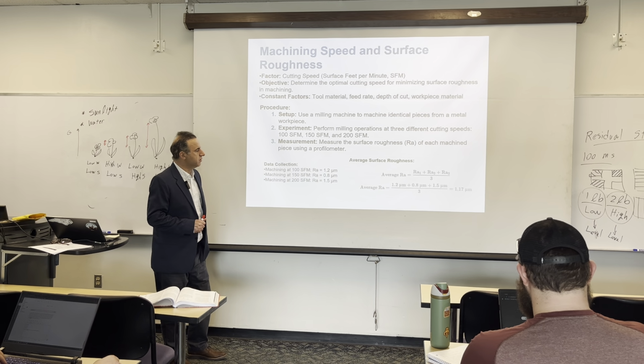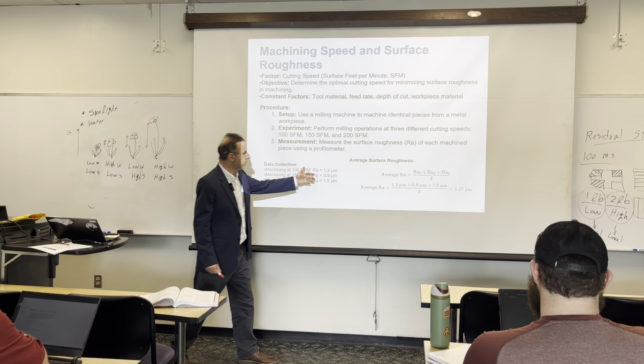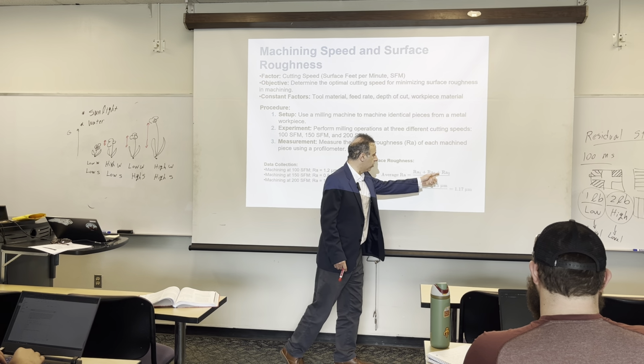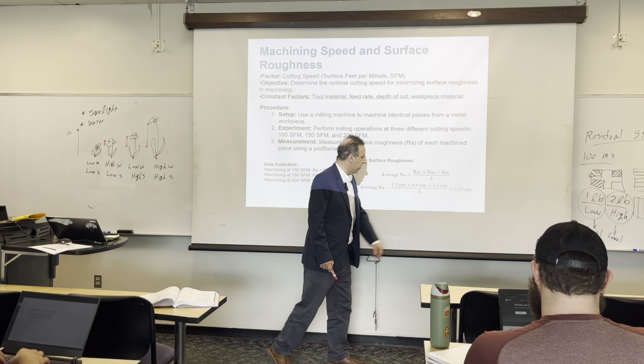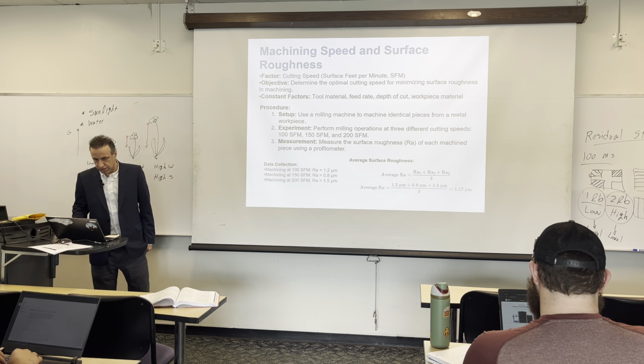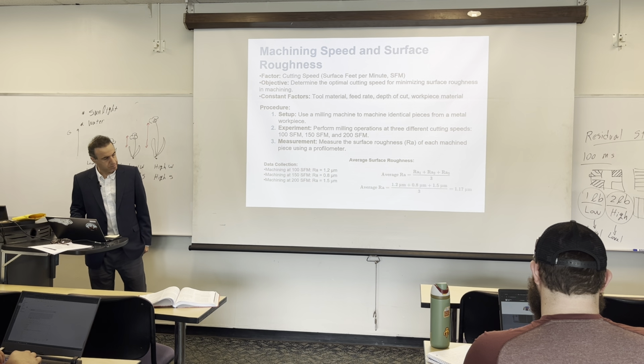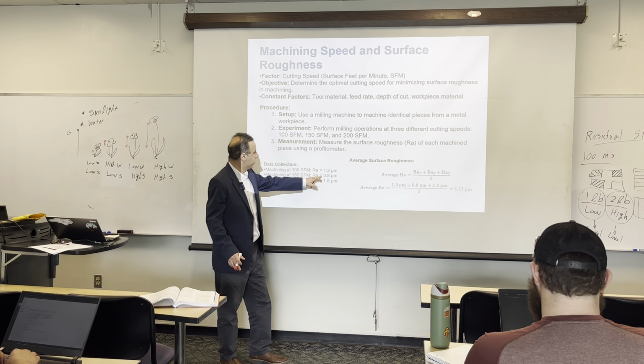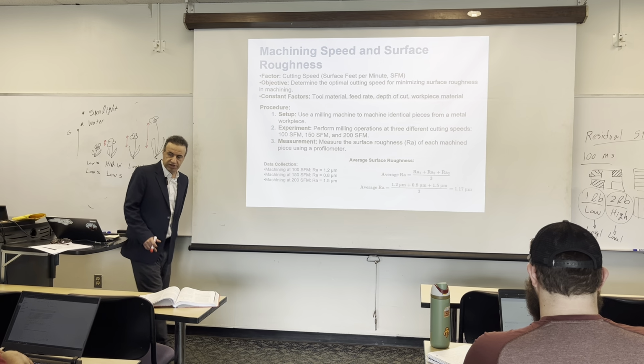So if you want to measure the average, you can simply take the average of all these three, and that's going to be the average. But by plotting the data, you can find this one as the minimal surface roughness. Single factor study.